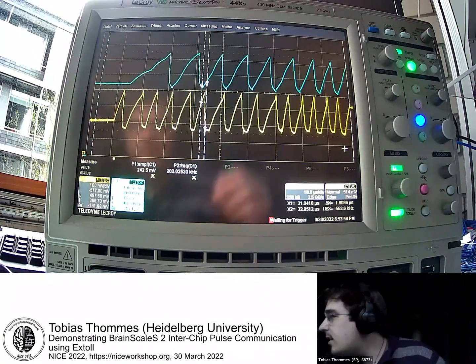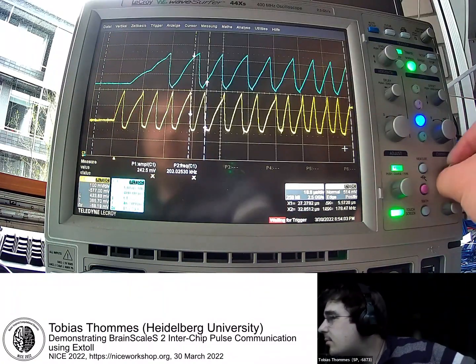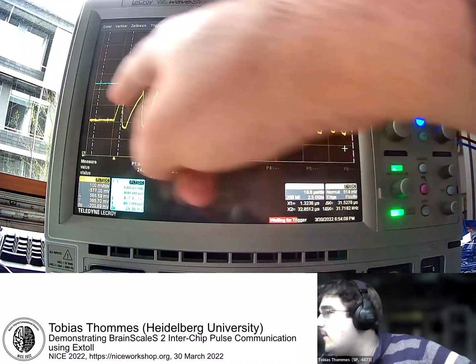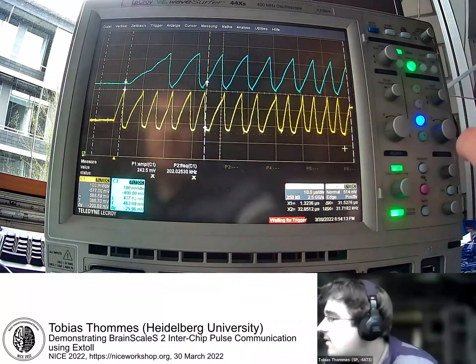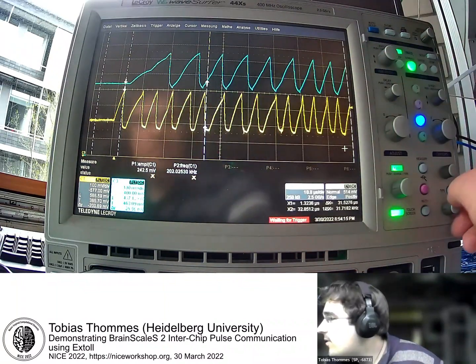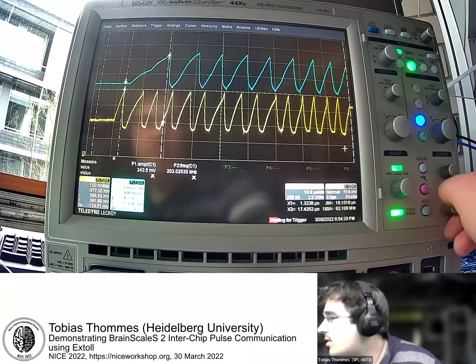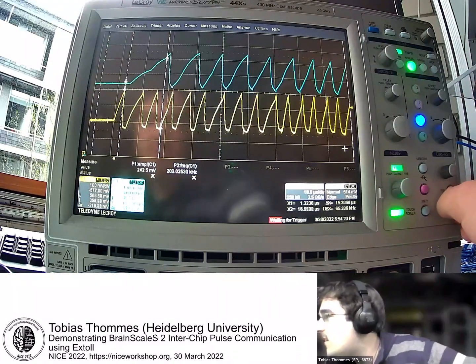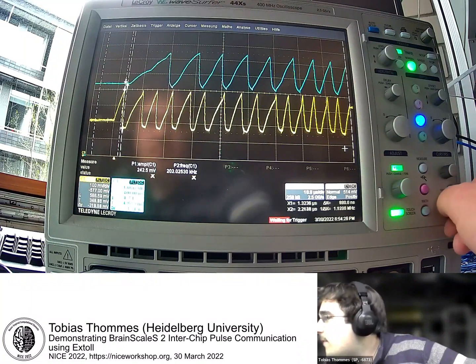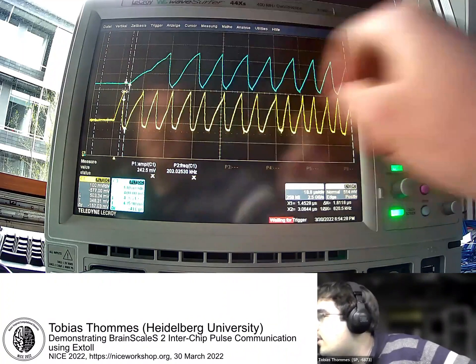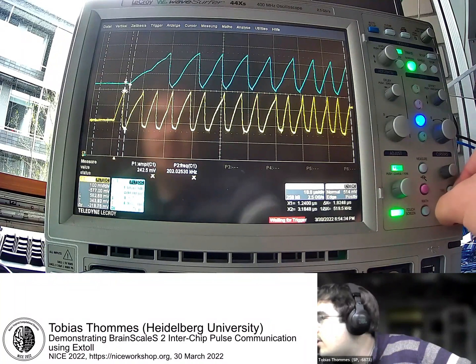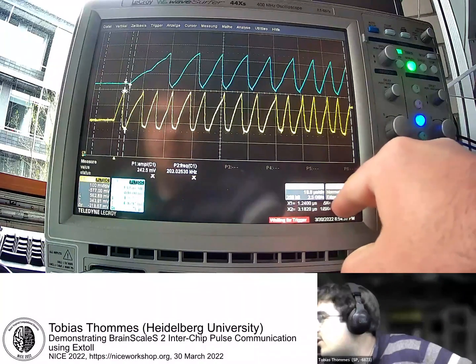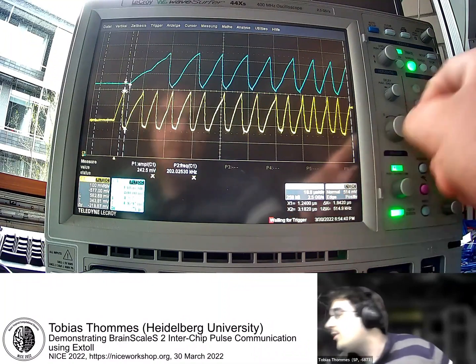Here we can then measure the latency between the chips, the first source chip in yellow. We have a neuron on the source chip, which is stimulated by regular spikes from a stimulus neuron, which is actually external input. So we have here at the first cursor a spike on the source neuron, and then the target neuron reacts at this point, and we have here a measured latency of 1.94 microseconds in between.